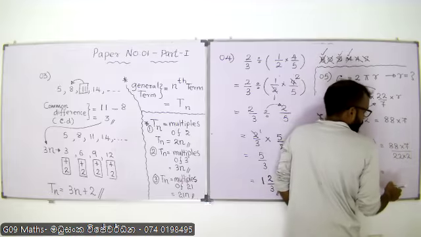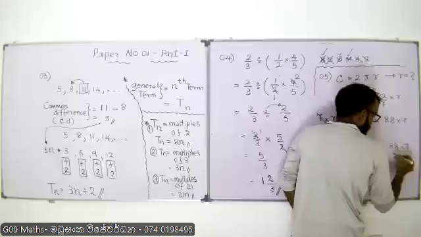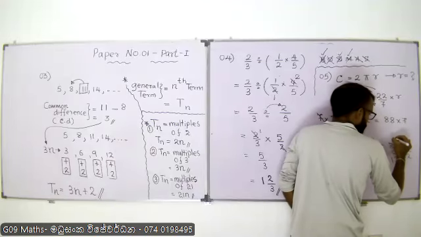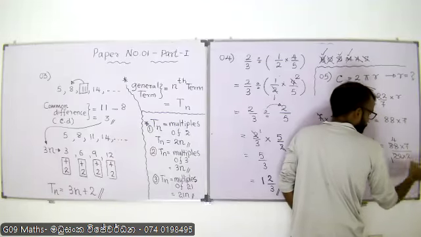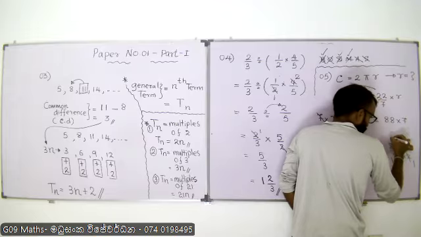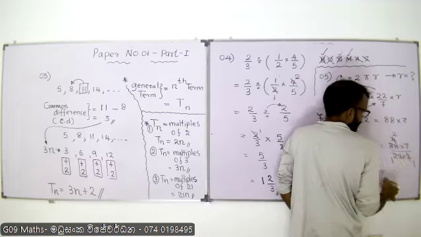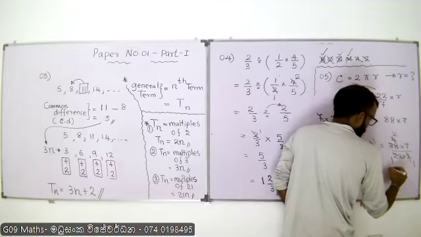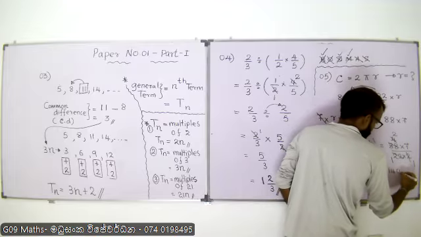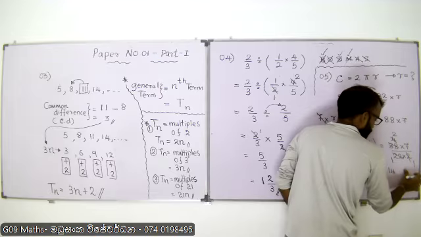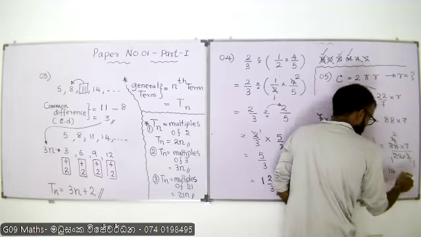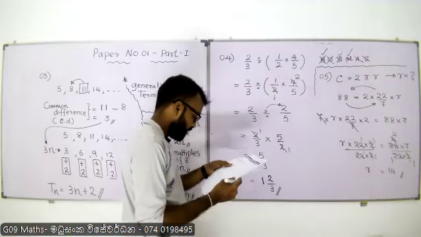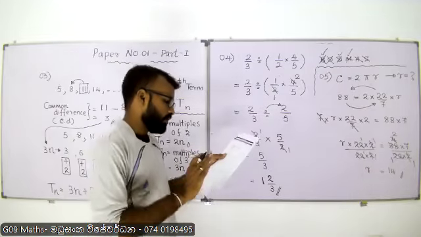So now find the value of R. 22 times 1, 22 times 4. 2 times 1, 2 times 2. 2 times 7, 14. No need to put the units actually, because they haven't given you any unit.